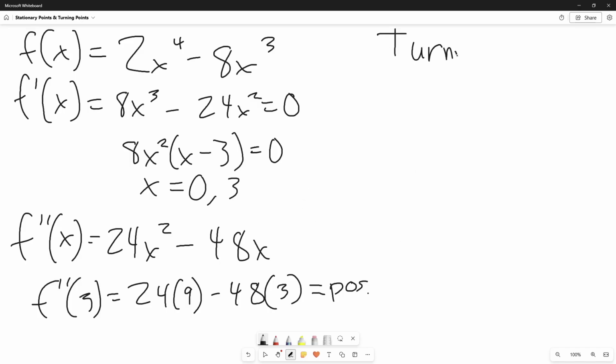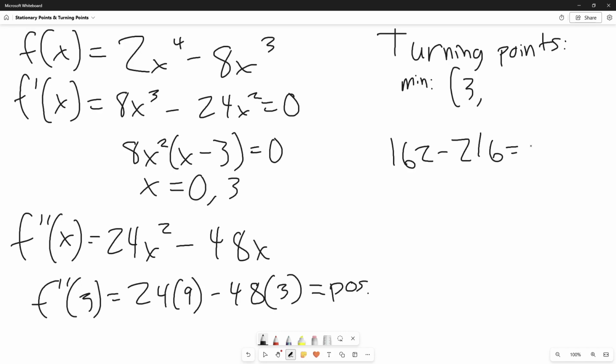So our turning point, a minimum, it's going to be 3 comma something, and to find the y value of the point, we just plug in 3 to the original function. So 2 times 3 to the 4th is 162, 8 times 3 cubed is 216, and this gives you negative 54. So the y value at 3 is negative 54.